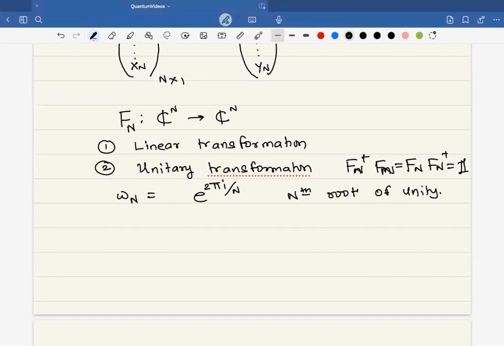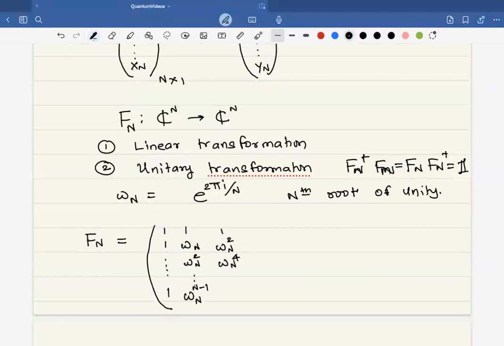Then the linear transformation Fn has the matrix entries omega n square, omega n to the power n minus 1, 1, omega n square, omega n to the power 4, omega n to the power n minus 2, and then 1, omega n to the n minus 1, and so on.